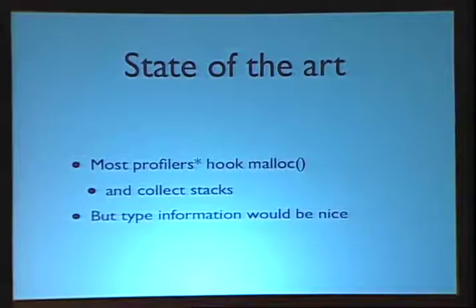The state of the art in memory profilers, as far as I know, is that most profilers just take malloc and log the stacks and the allocation sizes and maybe timestamps, and then you can, using Instruments or something, see that you have many, many allocations that are exactly 16 kilobytes or whatever. What would be nice is if you had type information, if you could know that 30% of your memory usage is through string ref objects or some fixed type.